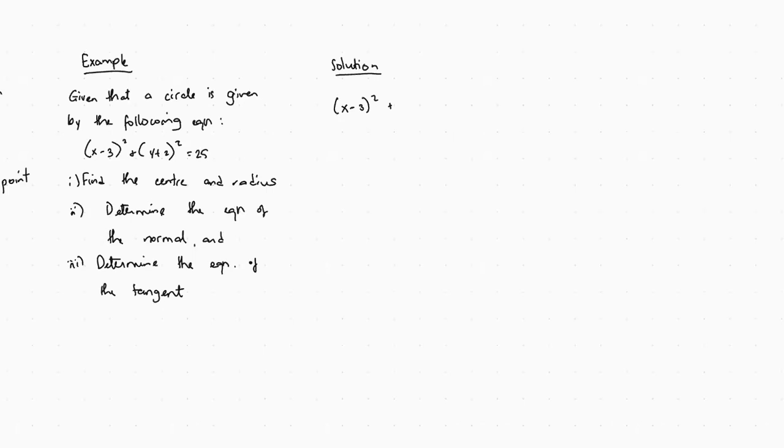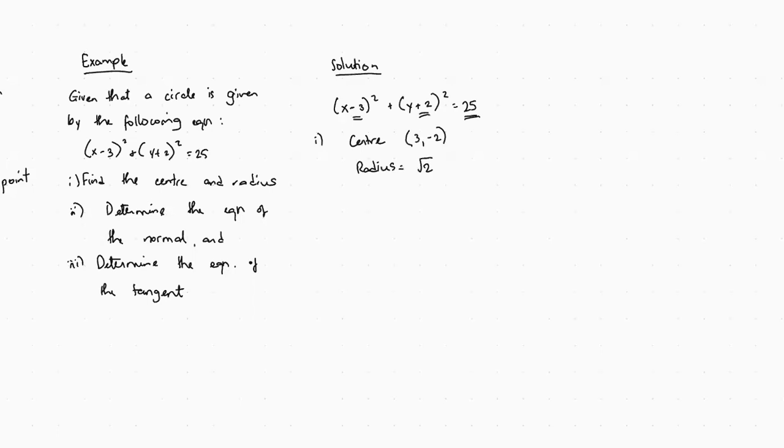Part 1, they ask us for the center. So we know that it's the negative of that, so that will be 3, and the negative of this, so it's 3, minus 2. And our radius is the square root of 25, which gives us 5 units.